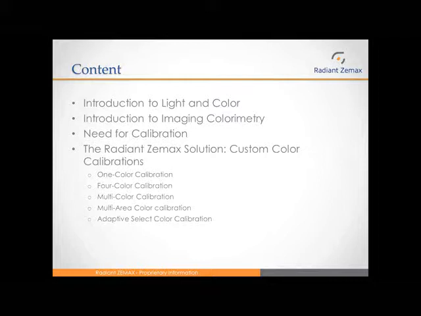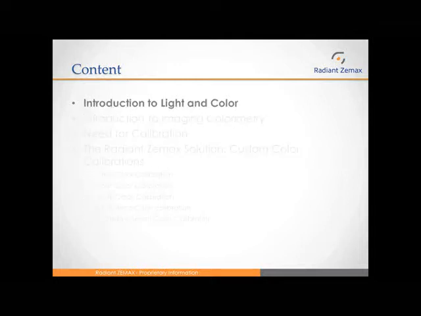We'll start with Introduction to Light and Color, move on to Introduction to Imaging Colorimetry, and then the need for calibration, like the theory of how this technology works and why we need to calibrate. And then we'll finish off with the Radiant ZMAX solution. So these are custom color calibrations that our ProMetric system offers. ProMetric refers to both our line of imaging colorimeters and the associated software.